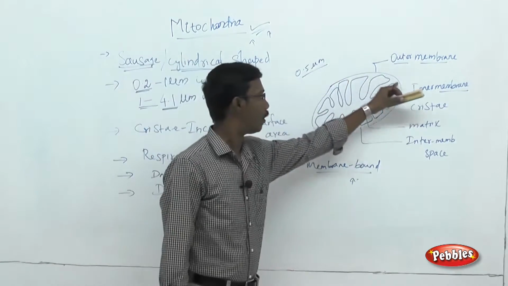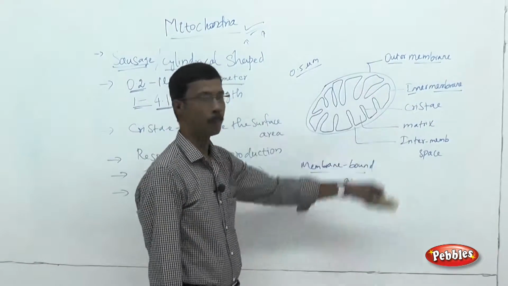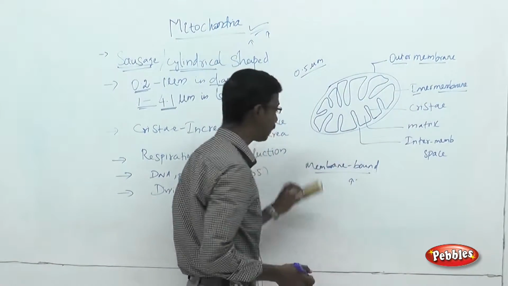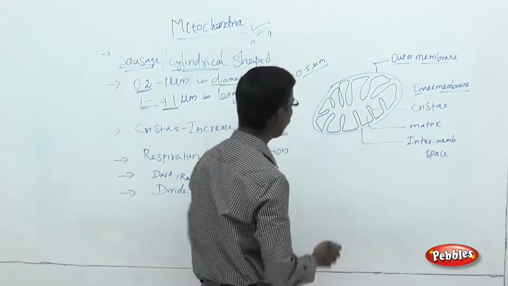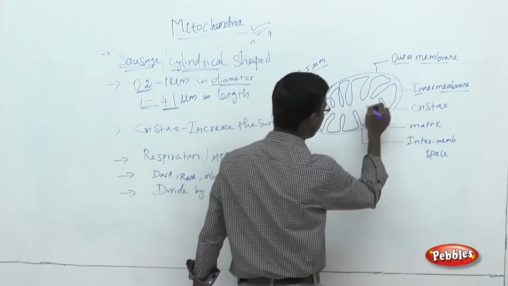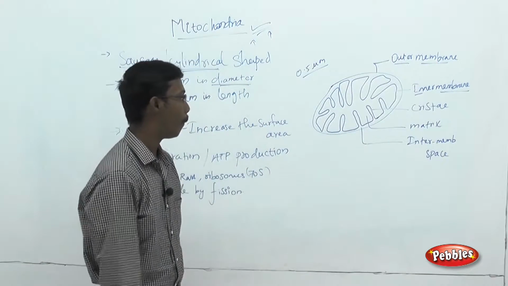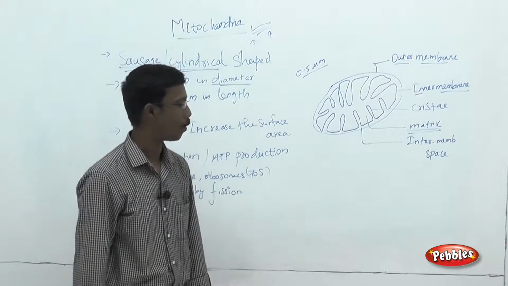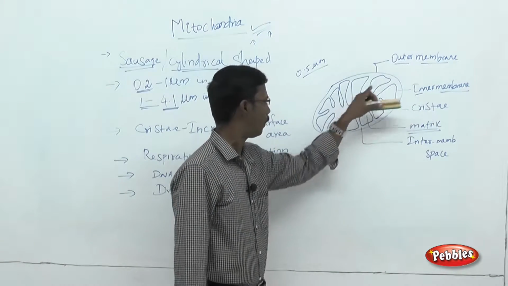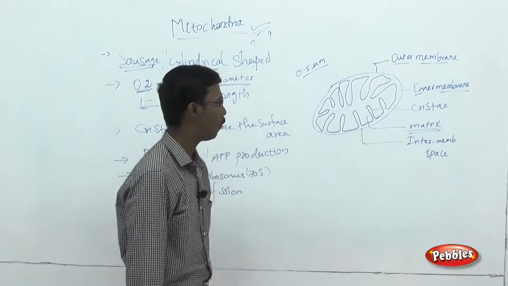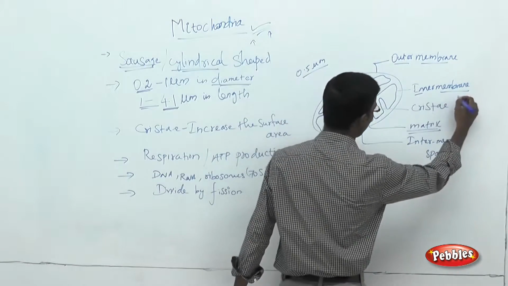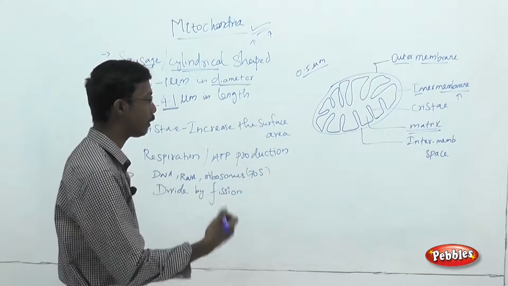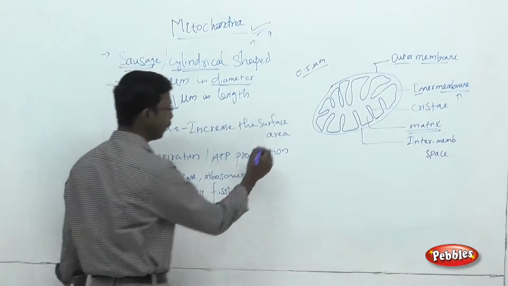The outer membrane limits the size of the mitochondria. The inner membrane is present inside the mitochondria, and it has so many invaginations towards the matrix. Matrix is a semi-liquid substance present inside the mitochondria. What is the purpose of this invagination? It increases the surface area.